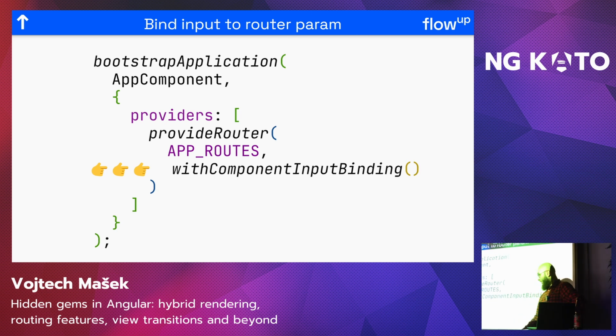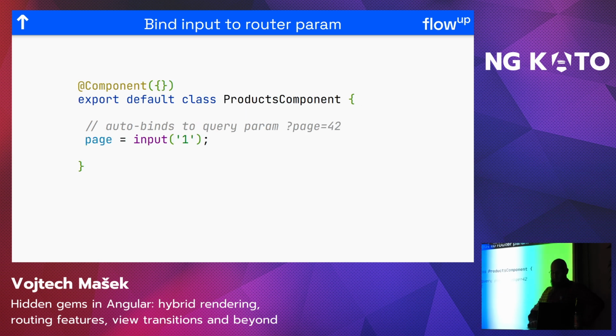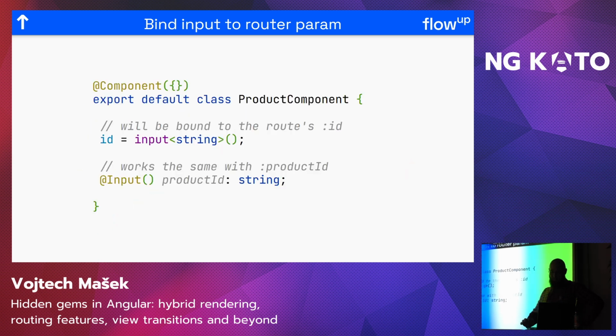Well, now it is. You can do it with component inputs binding, and then you can do both of these. The first one works with a string signal input, where the ID would actually auto bind to this. And the second one is an equivalent with the old input, where it would also bind to whatever the name of the property is.